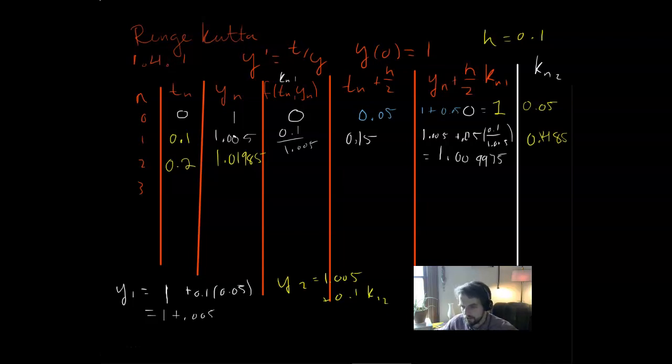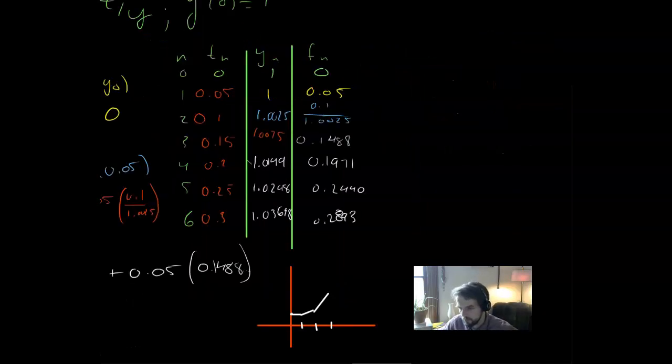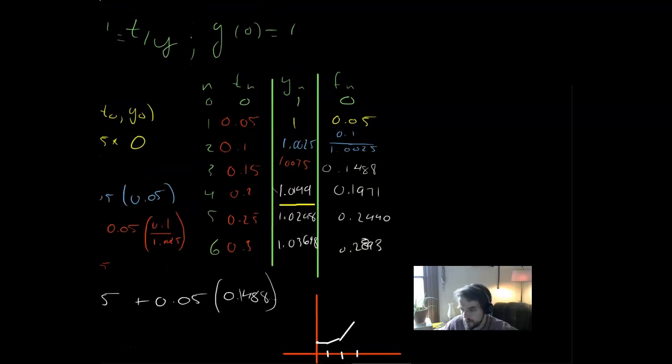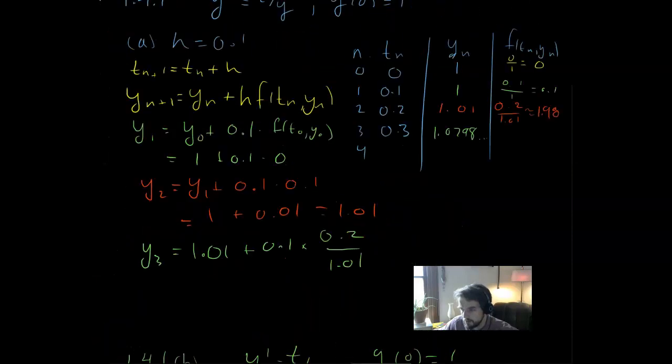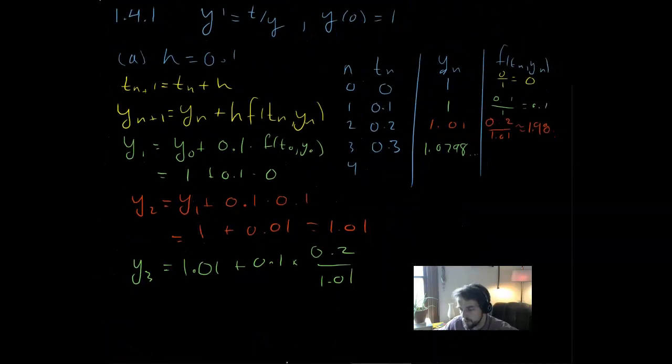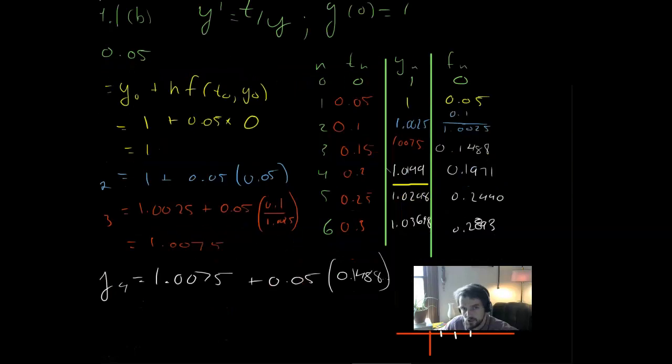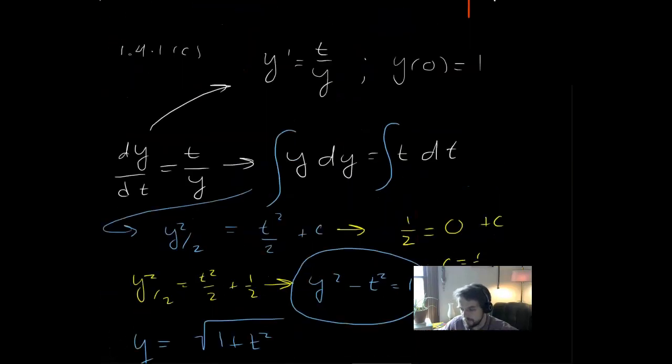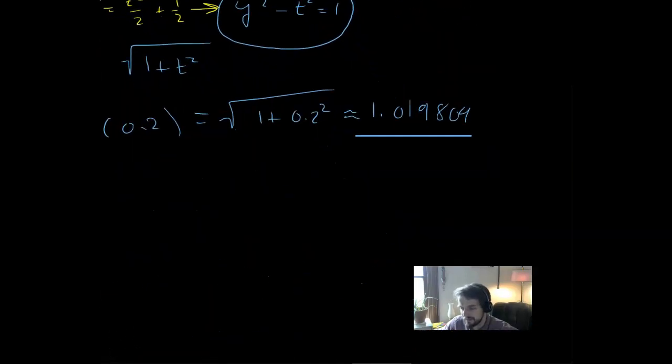Great, so let's compare this real quick to the method that we had before. Before, when we went along this, at this point we ended up with either 1.0149, that was one of our values. We also had 1.0298, and we saw in those last videos, scrolling down, that the exact value is 1.0198.